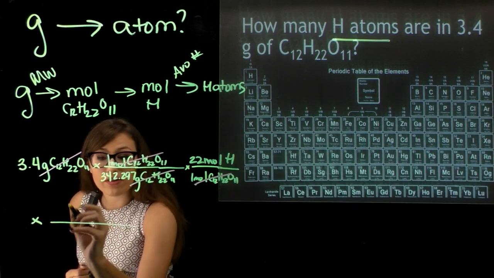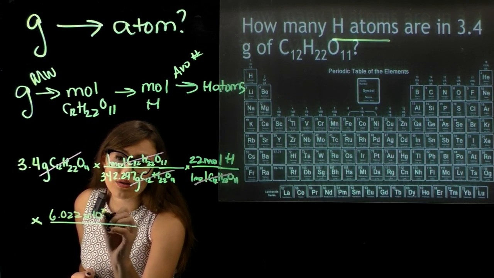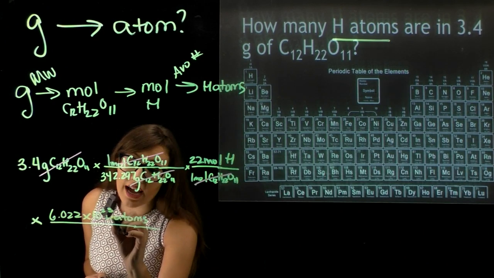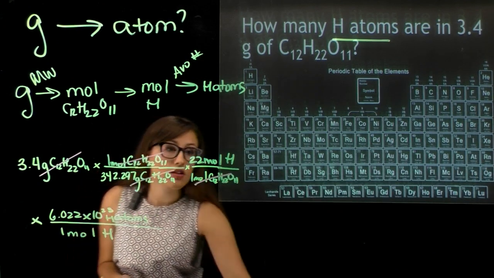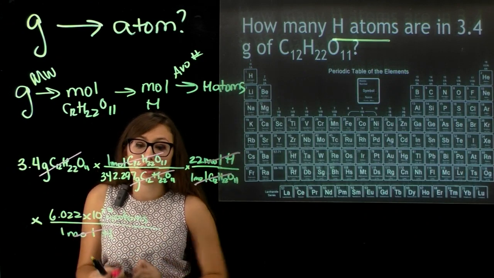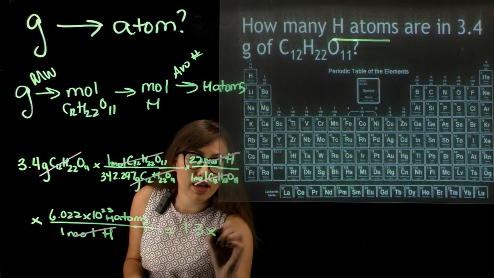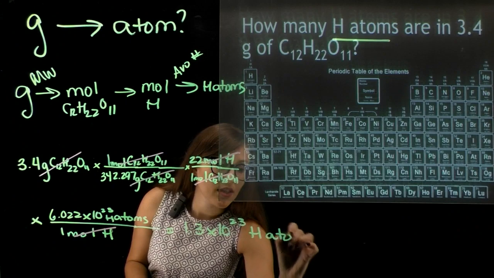So we want atoms on the top, so 6.022 times 10 to the 23rd hydrogen atoms over 1 mole of hydrogen. So moles of hydrogen and moles of hydrogen cancel out, and we are left with our final answer being 1.3 times 10 to the 23rd hydrogen atoms.